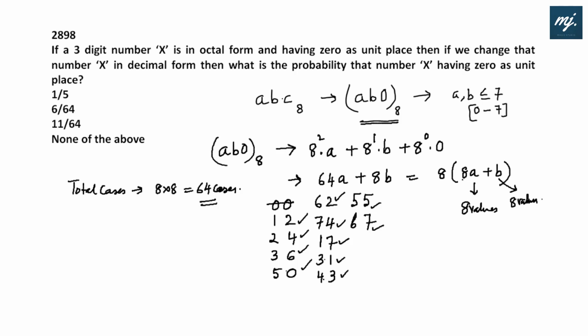Because 0, 0, 0 doesn't make any sense as a 3-digit number. I will avoid taking 0, 0, 0 because that is not a number. So out of 64 cases, 11 cases are favorable.